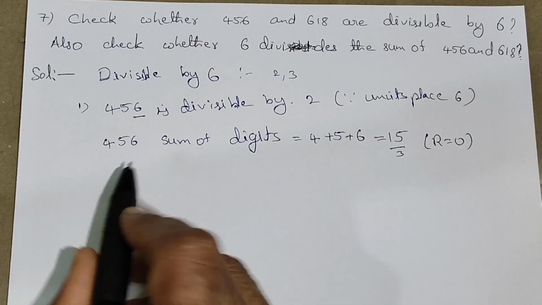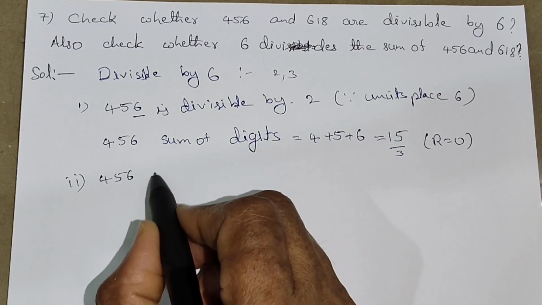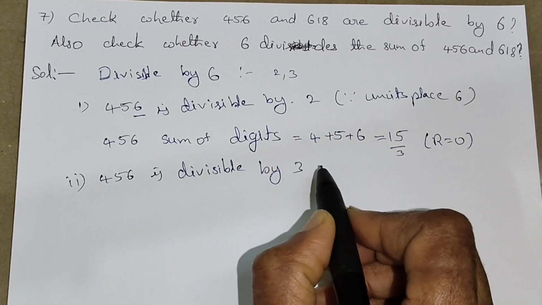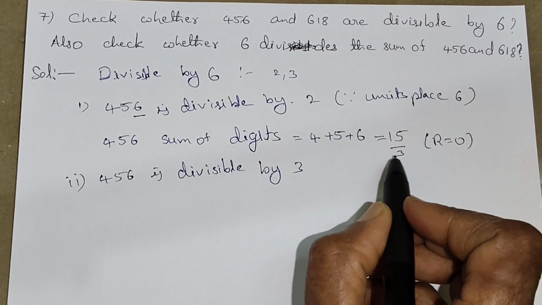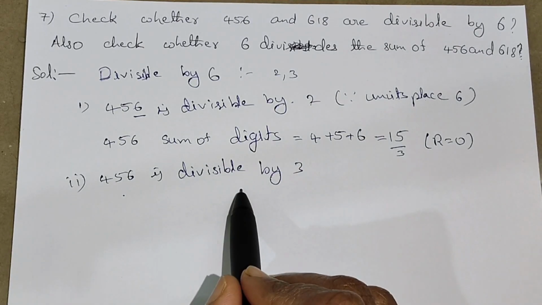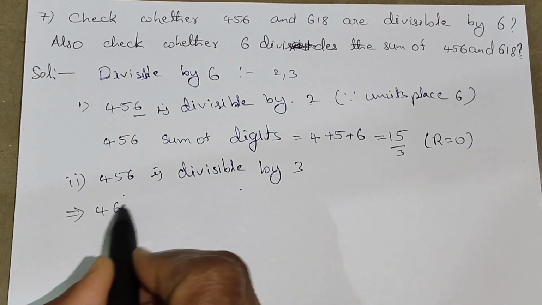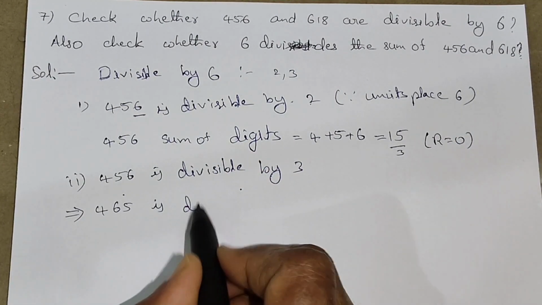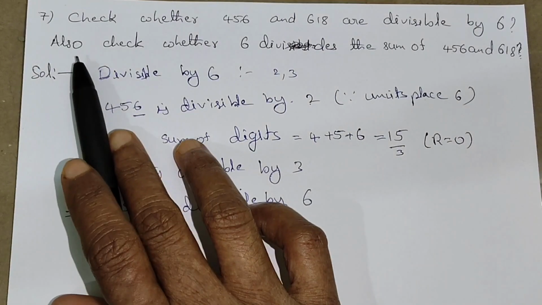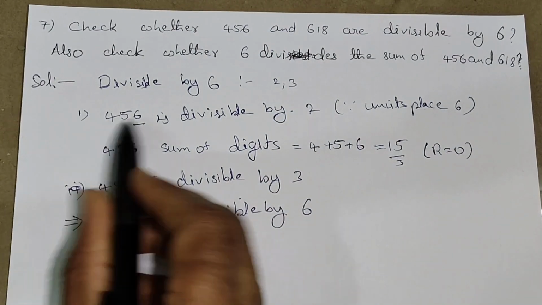So this number is divisible by 3. Divisible by 2 and divisible by 3 means automatically divisible by 6. So that implies 456 is divisible by 6. Now we check the next number.